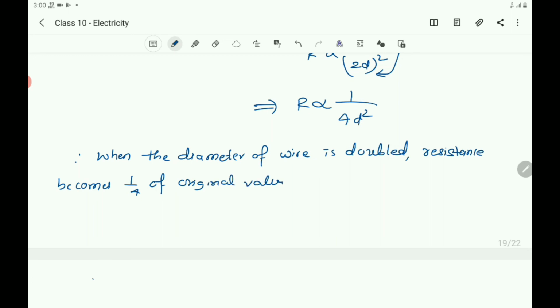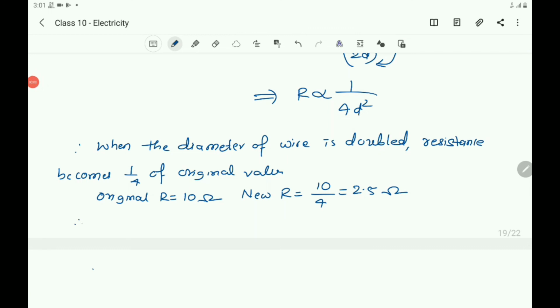What is the original value? Original R is 10. So new R you will get 10 by 4, that equals 2.5. Here original R is 10 ohm and the new R is 2.5 ohm. And how much has it changed?